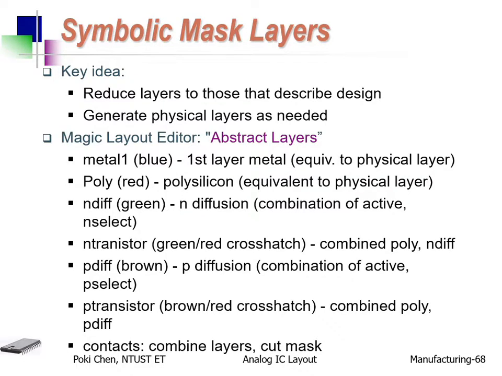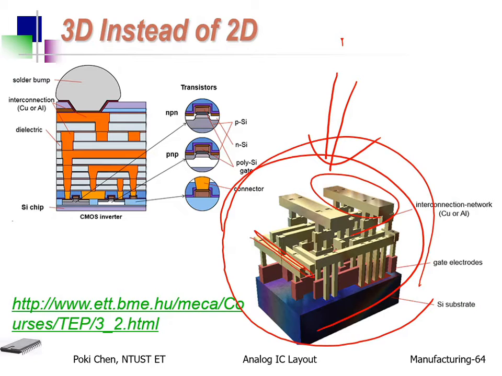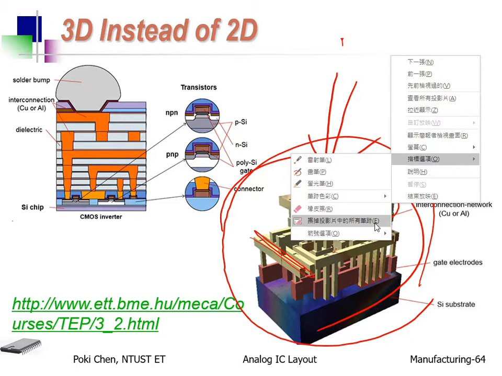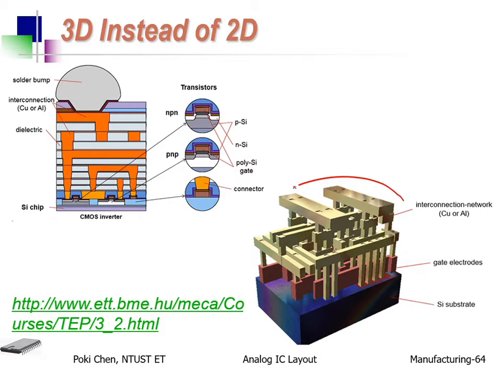Okay, let's go for it. How to do such a layout? I mentioned already, you need symbolic mask layers. If you go back to see this, it is very close to the real situation. All the metal layers have the same color. How can you do such a bird's-eye view layout? It's really hard to distinguish among layers, right?